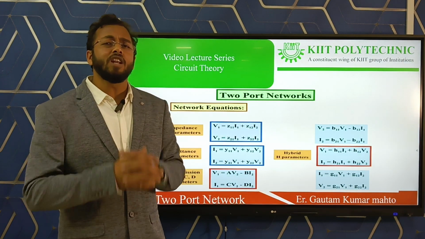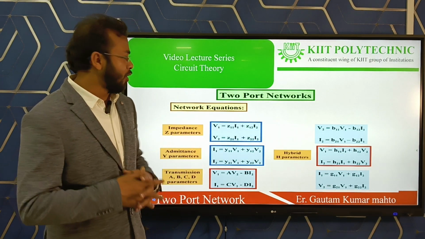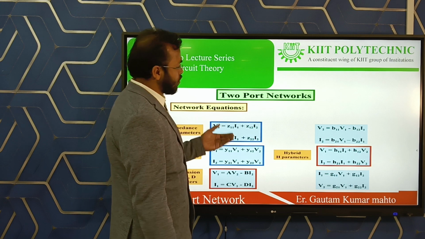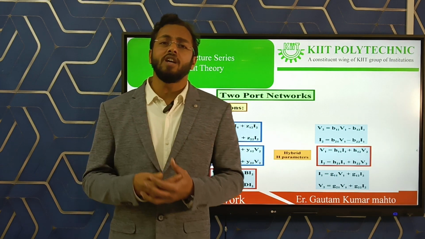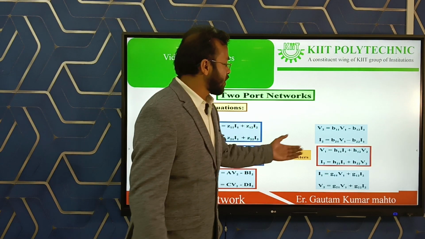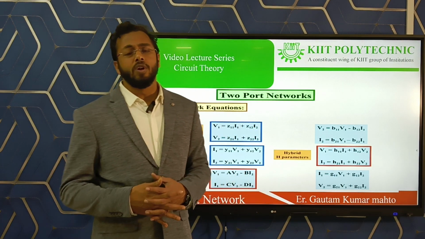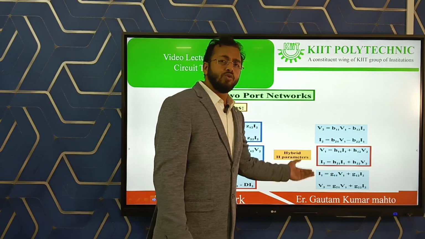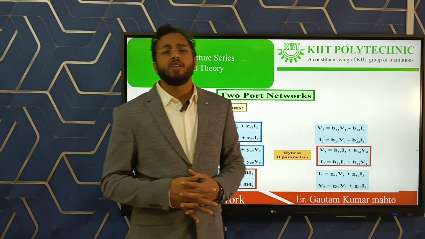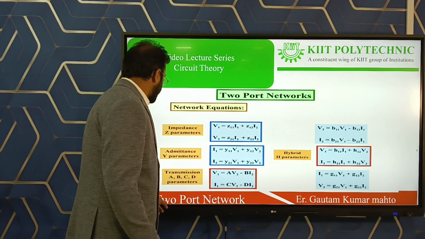We can represent them in matrix form also. The next one is the hybrid parameters, where we represent the input voltage and output current in terms of the input current and output voltage, where H11, H12, H21 and H22 are the hybrid parameters.